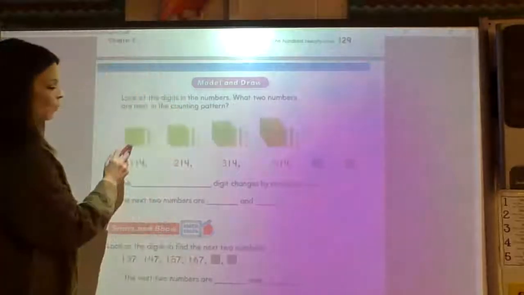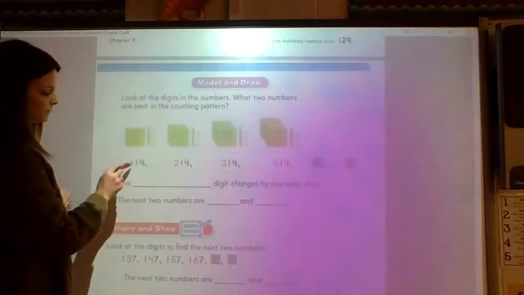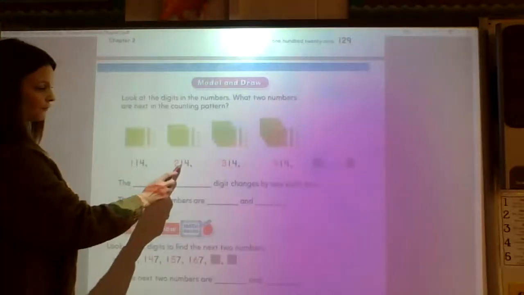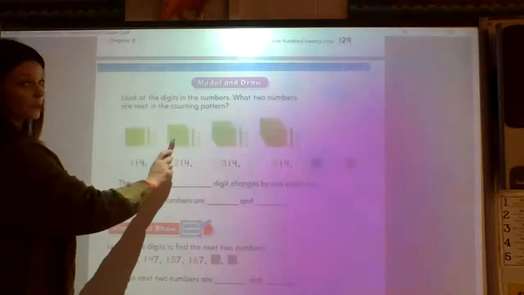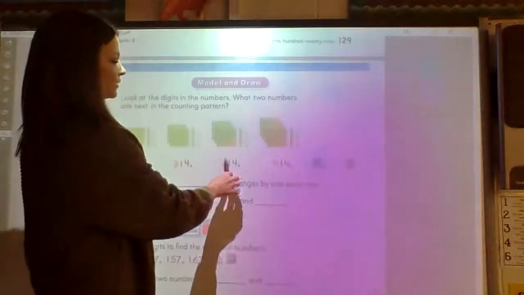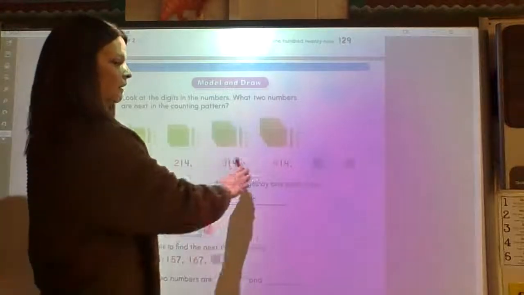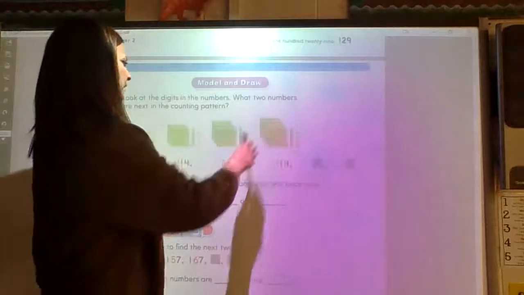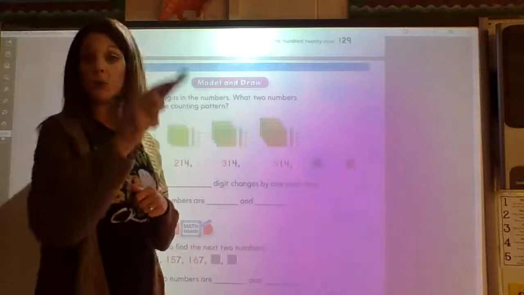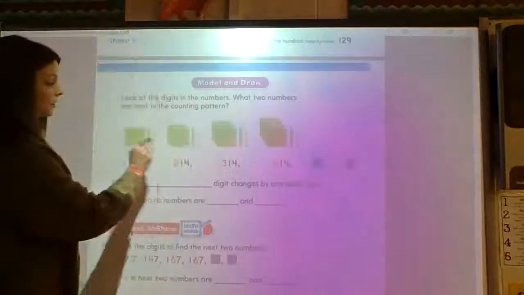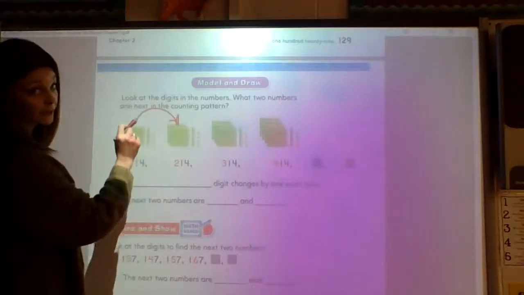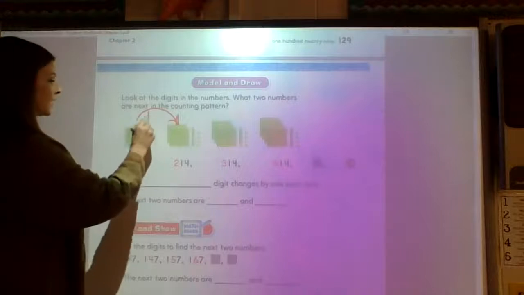They showed us 114 using our tens box. 214, what did they do in our picture that's different? 314, what did they change? 415, what did they do in their pictures? Rather than doing our arrow scooping, they drew the pictures. And what did they add or take away? They added 100.